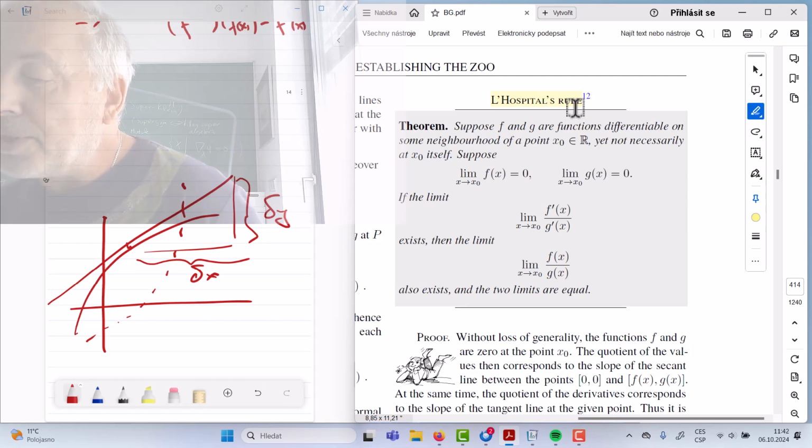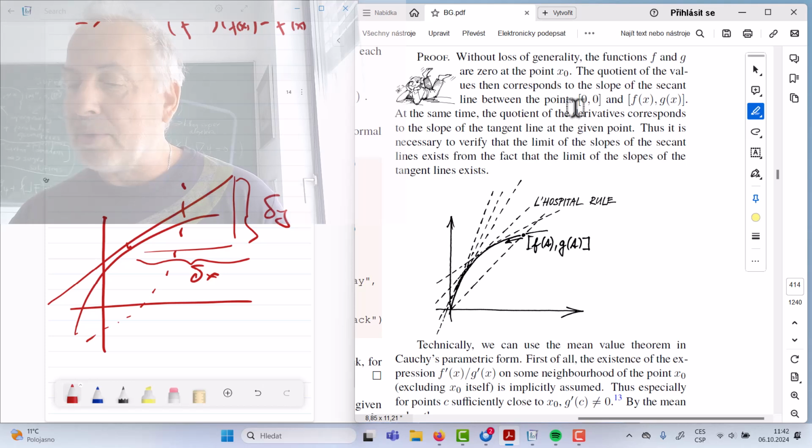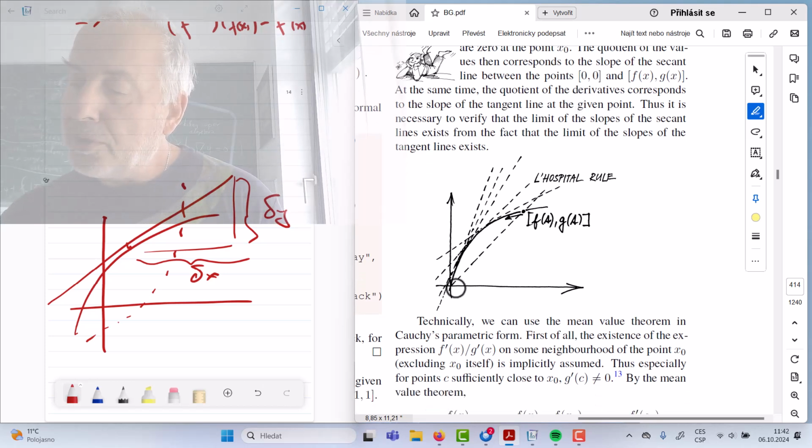But the L'Hopital's rule says, again, a very straightforward thing. It's best seen from the picture, right? So you've got here the function, and imagine you take all the secants, right?